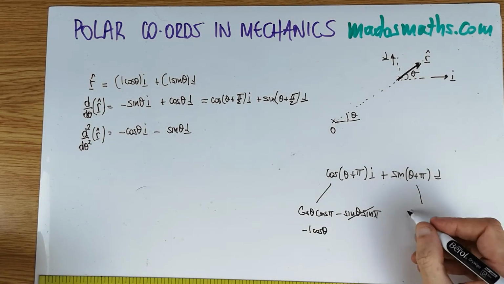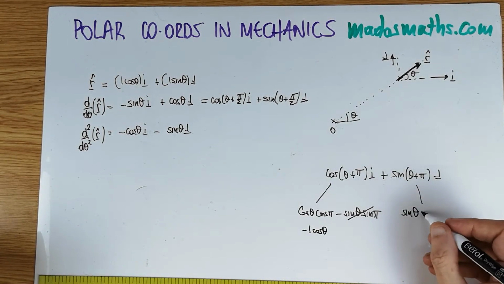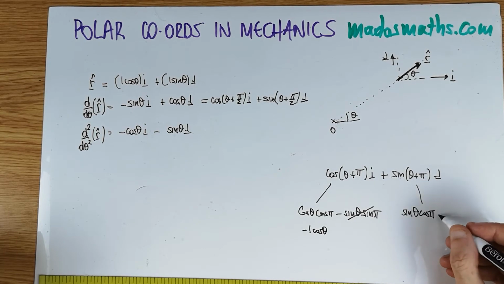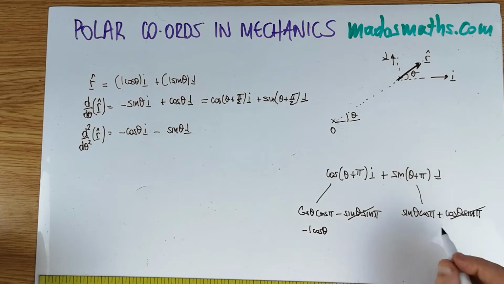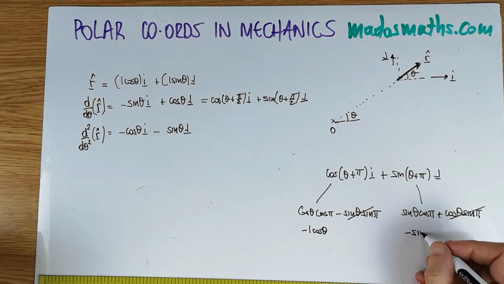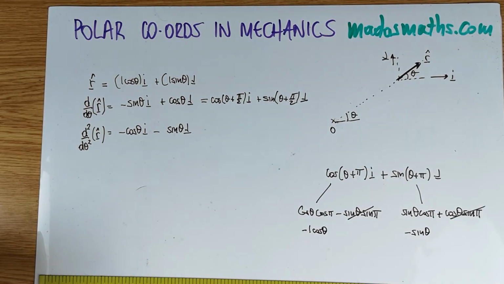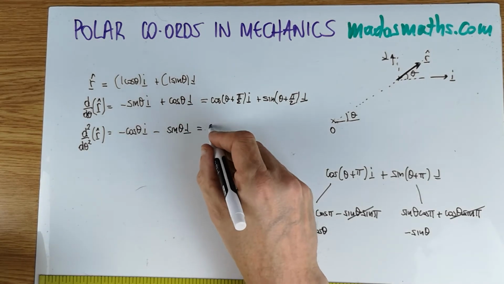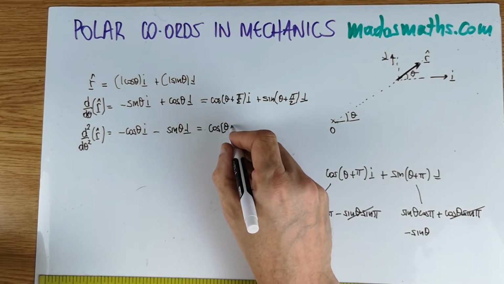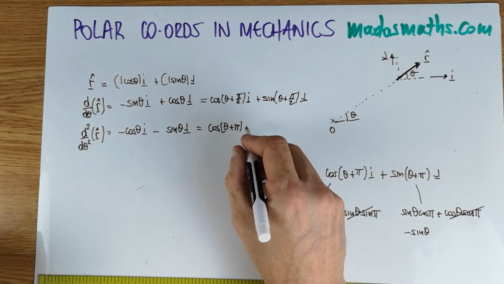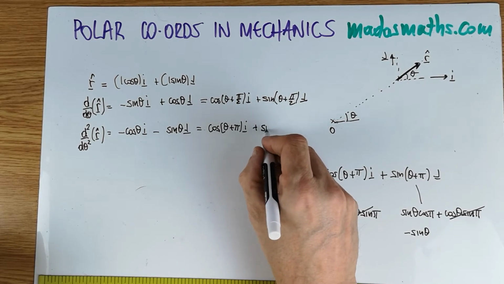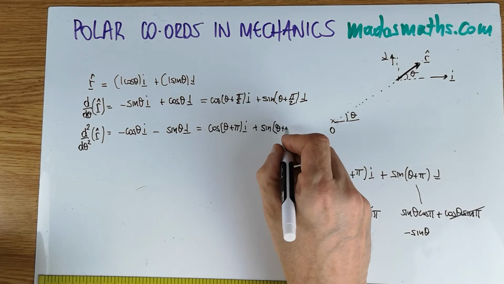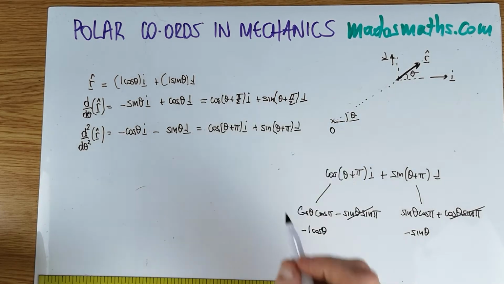And if we look at this one, sine theta cos pi plus cos theta sine pi. Sine pi is 0, cos pi is minus 1, so that's minus sine theta, which is correct. So that is in fact cos theta plus pi in the i direction plus sine theta plus pi in the j direction.